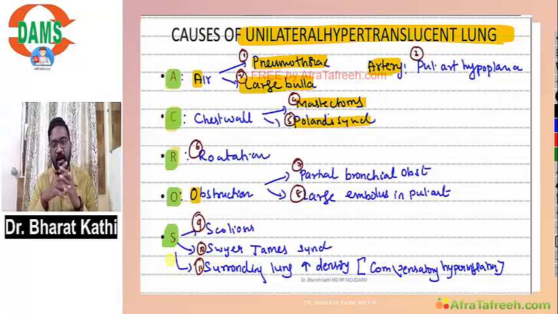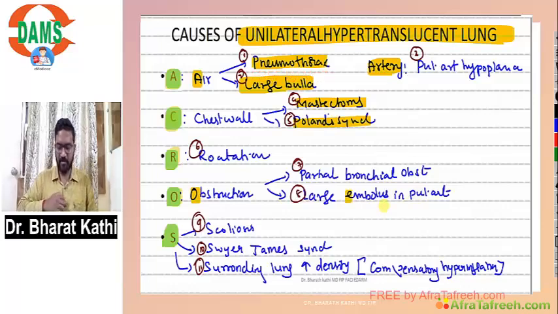And if there is a large embolus obstructing the pulmonary artery, vasculature will not be seen on that side. When vasculature is not seen, white will be less, so it will appear more black when compared to the other side.